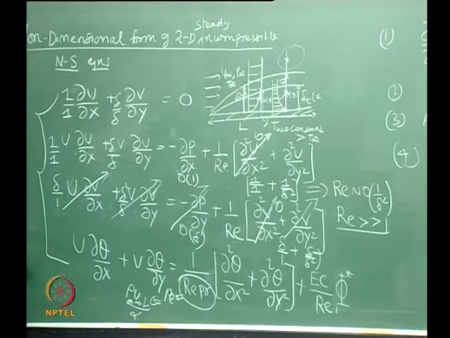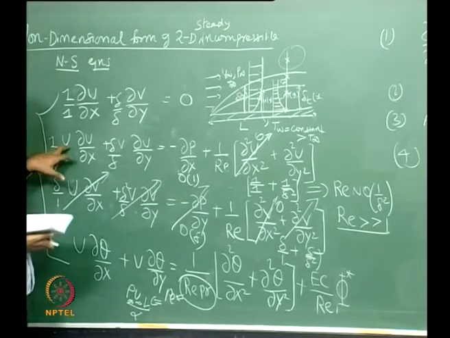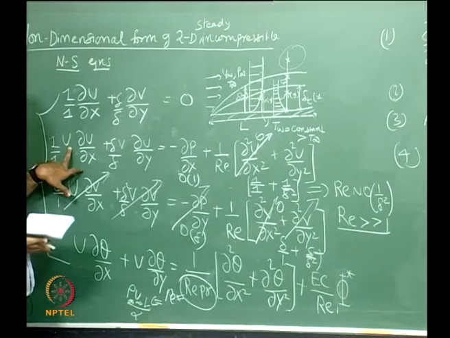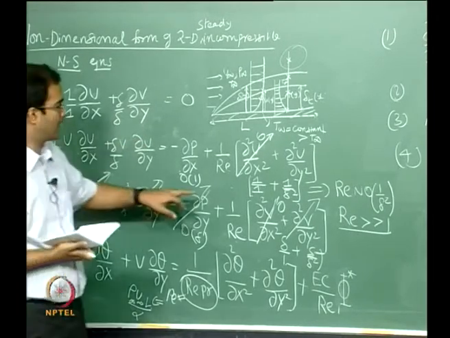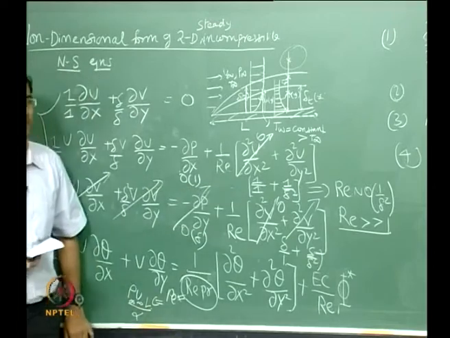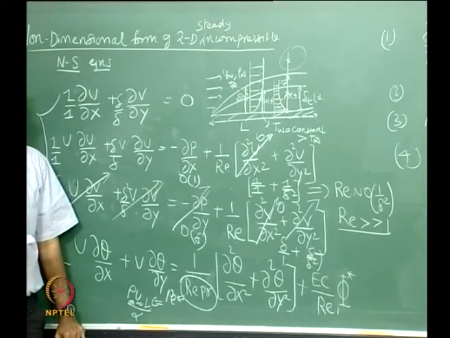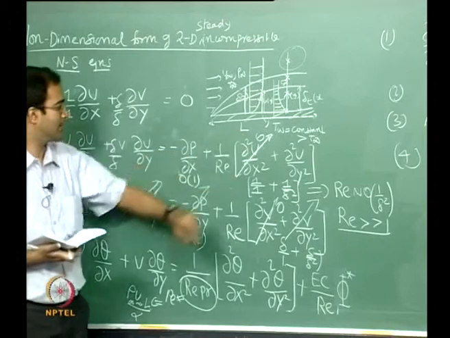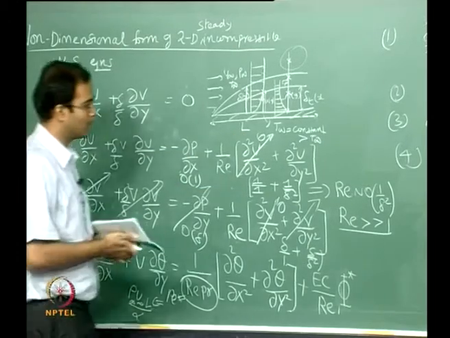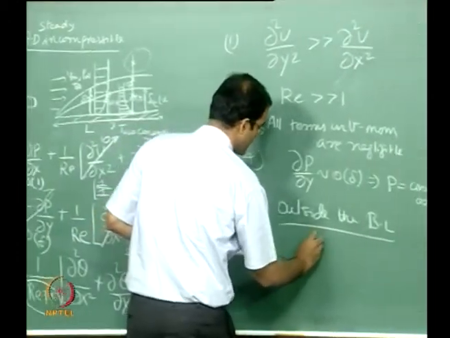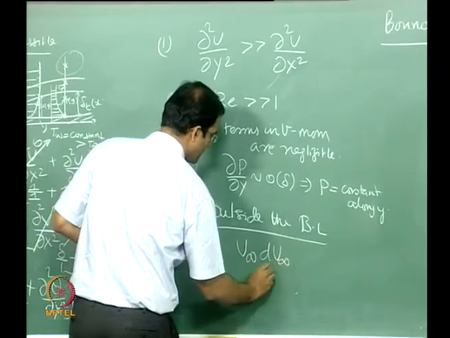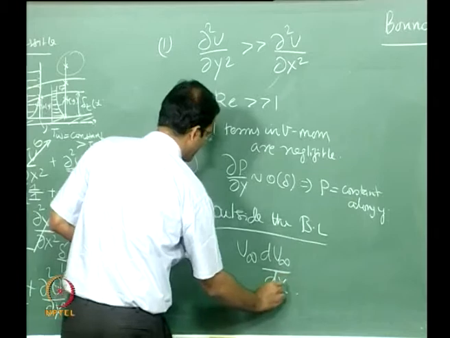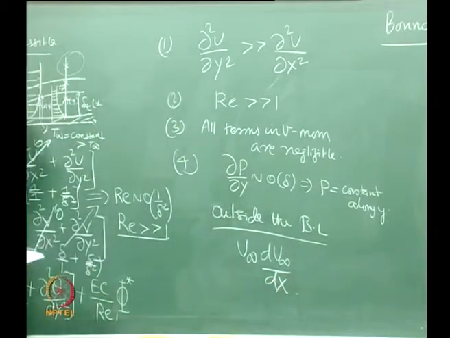So in the x momentum equation you have only the u velocity, v velocity is not there, so this term is 0. And how about your viscous effects? It's negligible, and therefore you have only two terms. One is your inertia term, u infinity du infinity/dx. Of course your u is nothing but u infinity outside.